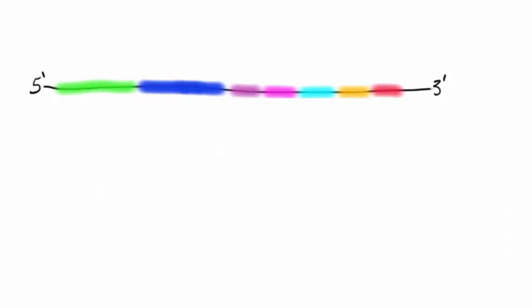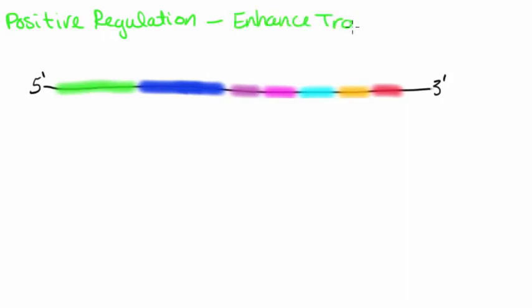Besides negative regulation, we can also have positive regulation. Positive regulation is going to be something that actually increases, or in other words, enhances transcription. In that case, we would get even more transcripts produced and ultimately even more protein produced at the very end of all of this. So in this case, we do have the RNA polymerase.